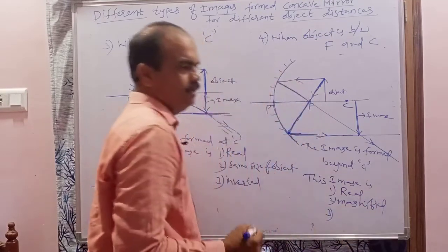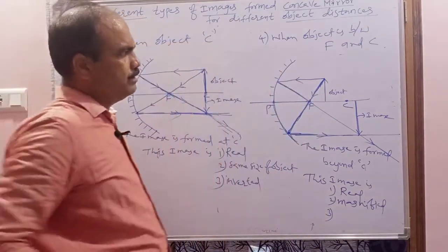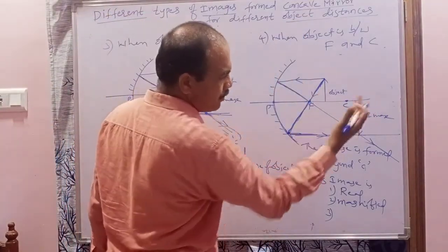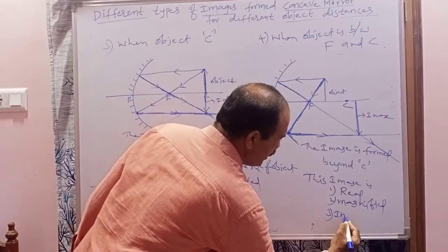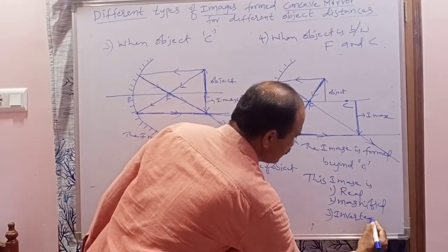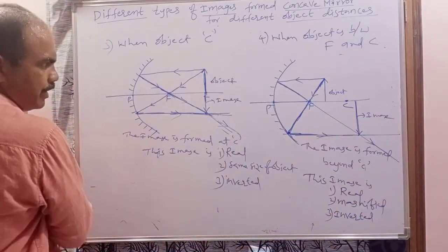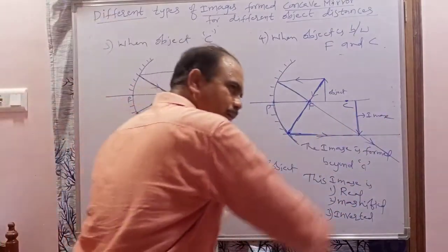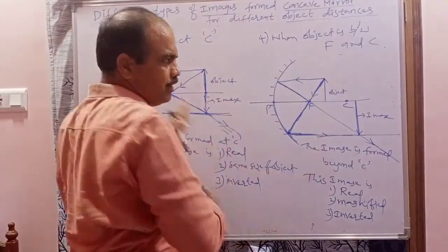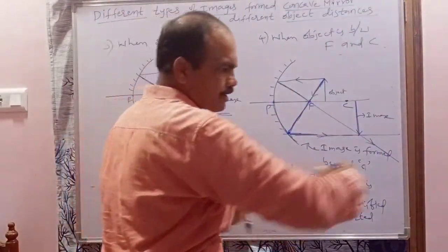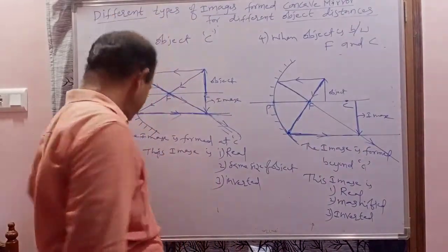Let's come to whether it is inverted or erect. The object is above the principal axis and the image is below, so this image is called inverted. When the object approaches the mirror, the image moves far from the mirror and its size is also increasing.